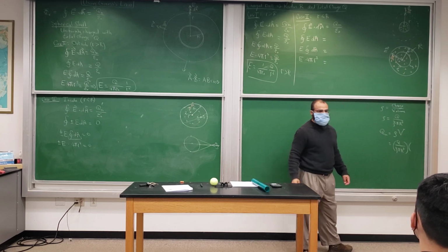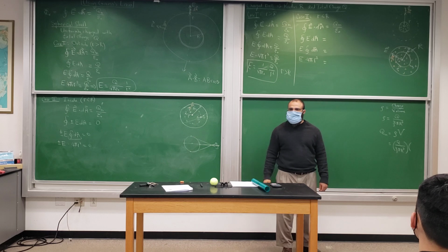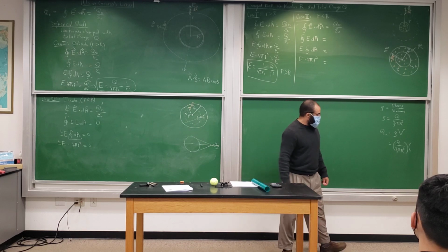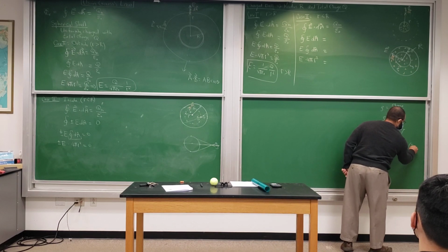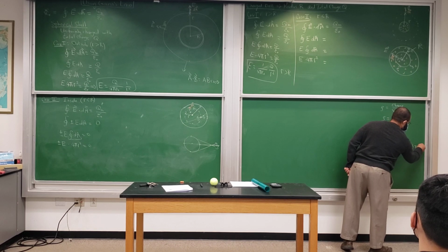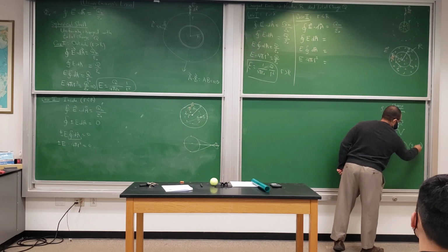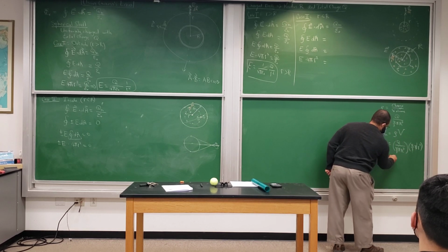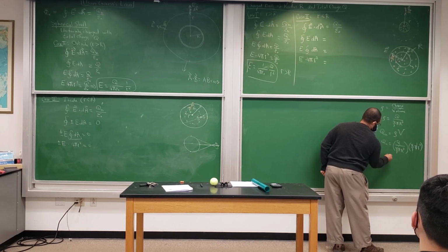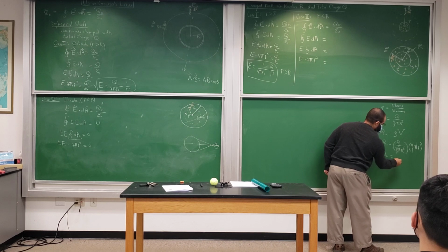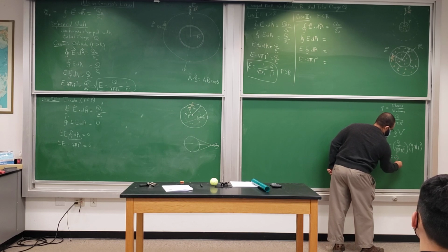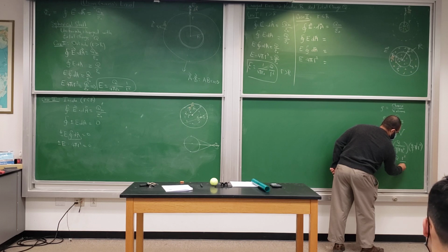What's the volume of my Gaussian sphere? 4/3 pi little r cubed, right? So the 4/3 and pi cancel, so Q inside would be Q, and then little r cubed over capital R cubed.